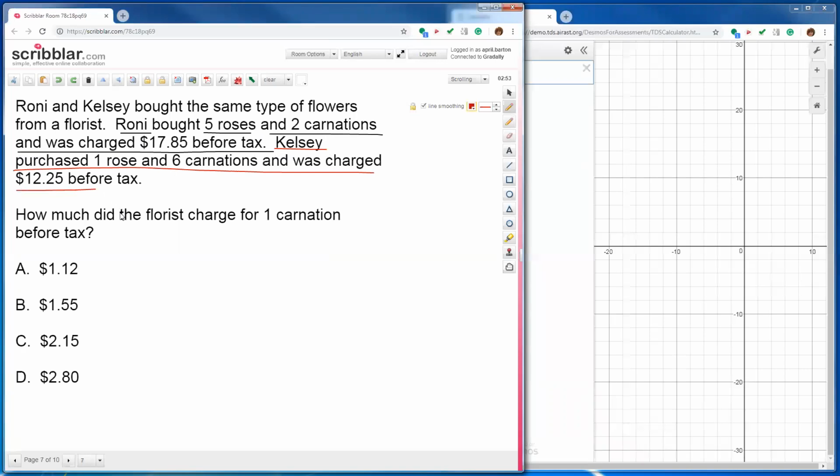So when I typed something in with the equation, it had an x and a y. Right now we don't have any variables at all. We're going to have to replace some of this with variables so that we can actually have something to type in. And our ultimate goal is to find how much the florist charged for 1 carnation before tax.